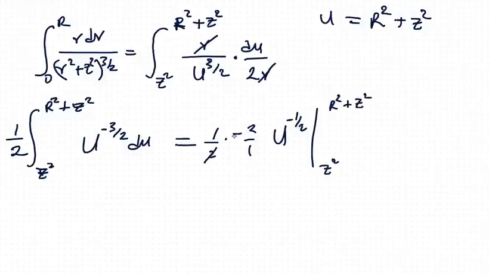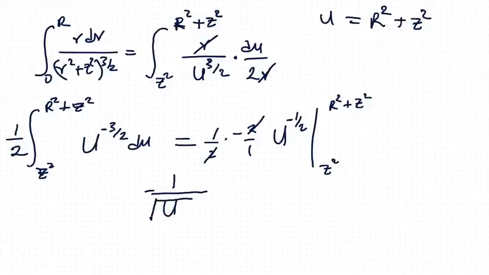So 2 cancels 2 and we are left with negative u to the power negative half, which is the same thing as minus 1 divided by the square root of u.